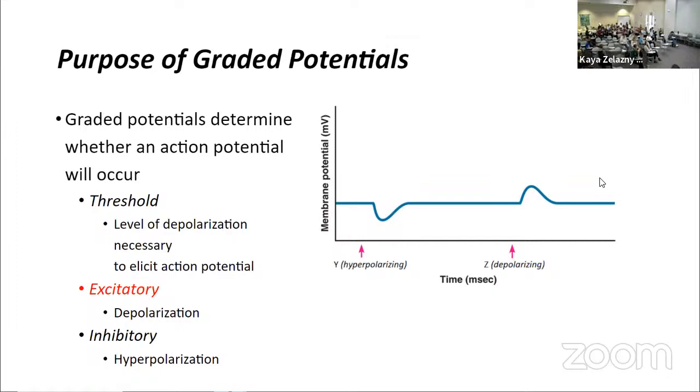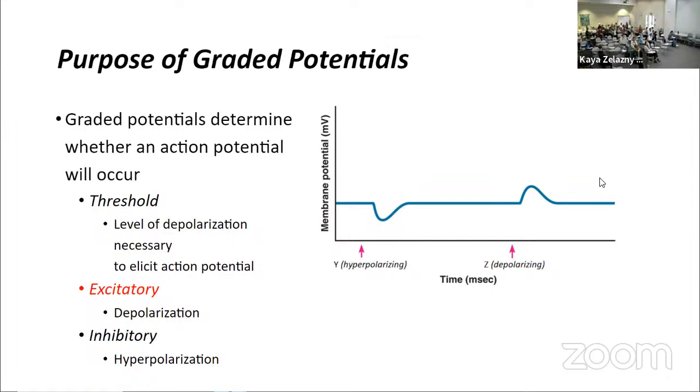What's going to trigger the release of an action potential is how many signals, how many stimuli you have coming in from neighboring cells, from the environment, creating graded potentials. Your neuron is basically adding those all together and figuring out, is this a big enough change that I should send an action potential and tell the next cell in line?